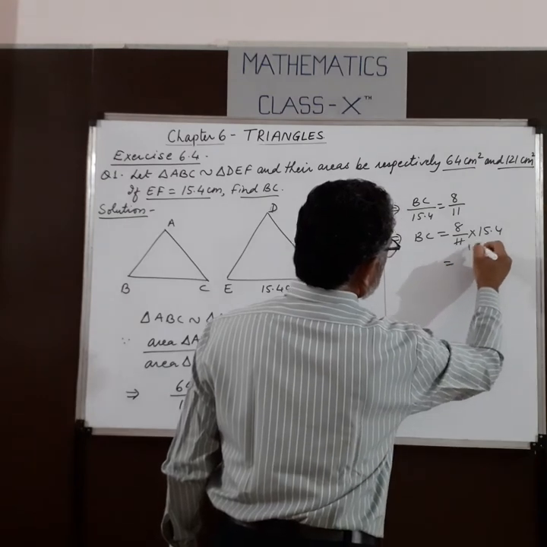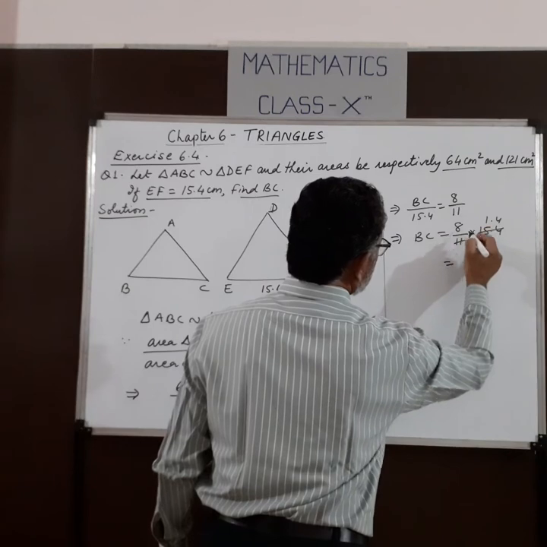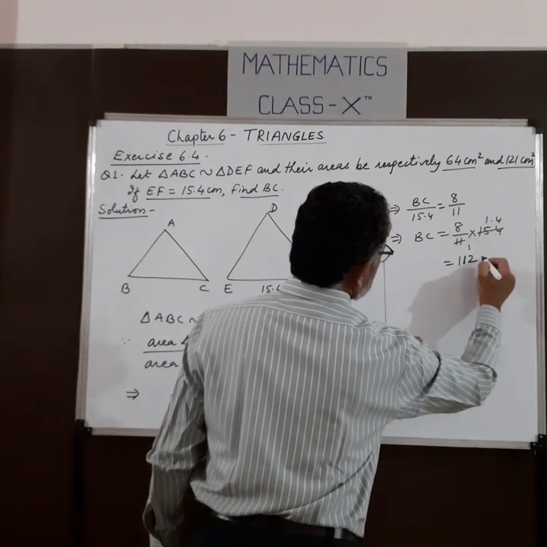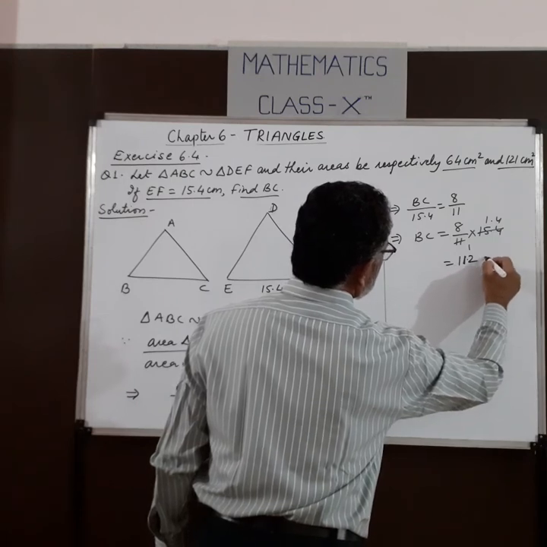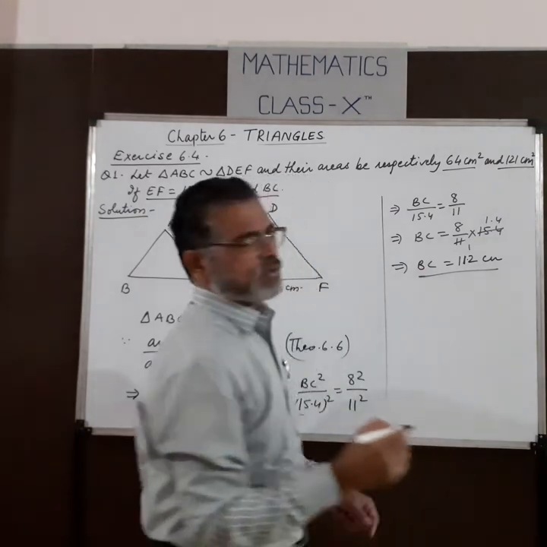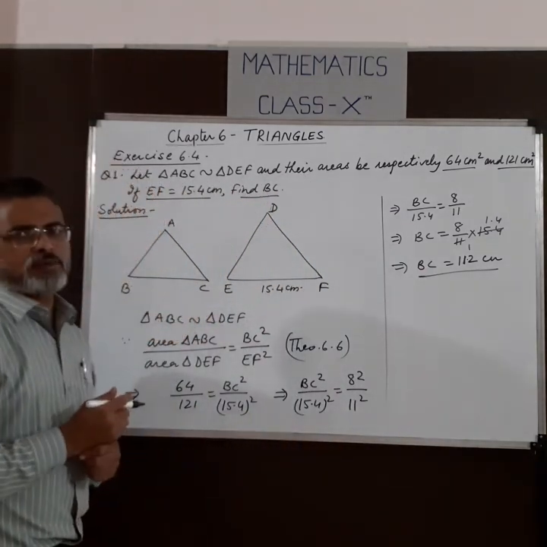If you simplify this, 11 ones are 11, 11 fours are 44, so this is 11.2 centimeters. That is BC. So the corresponding side BC is 11.2.